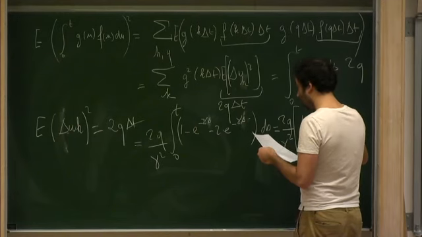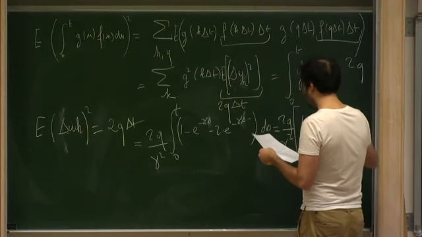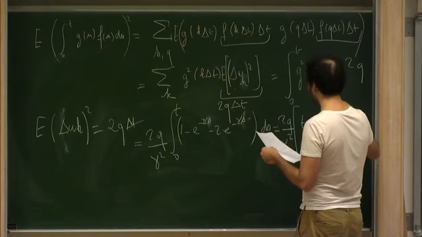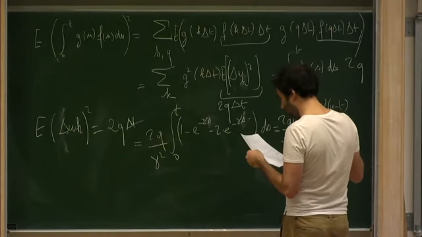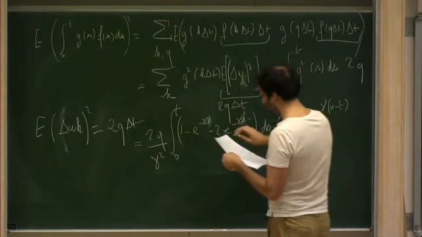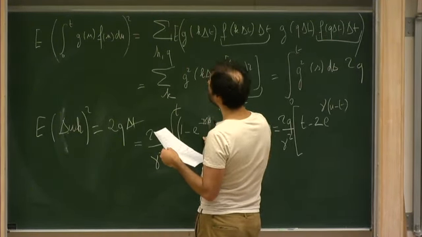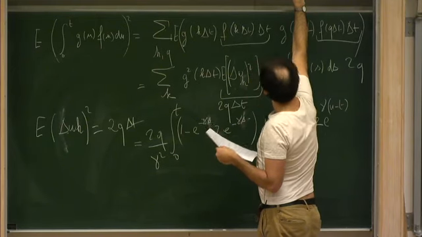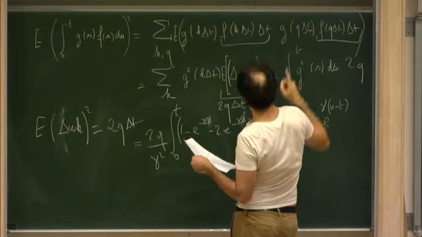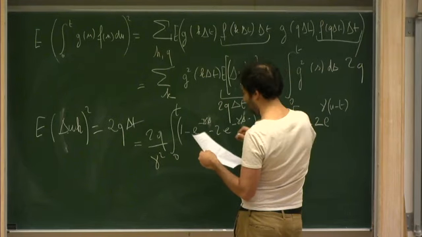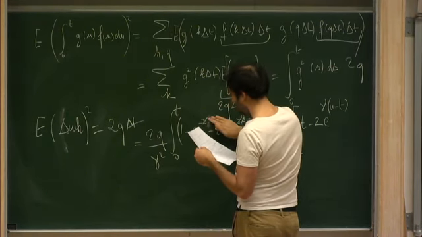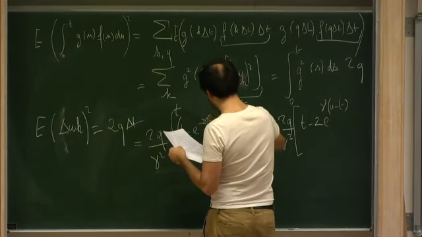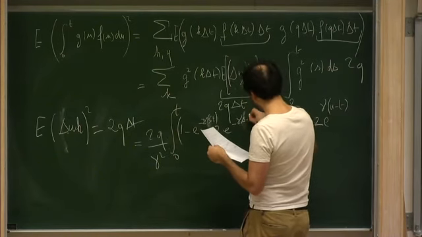Minus 2 exponential of gamma (u minus t). So this is u minus t, and I have to integrate with respect to u, so this should be exponential of minus gamma times (s minus t).